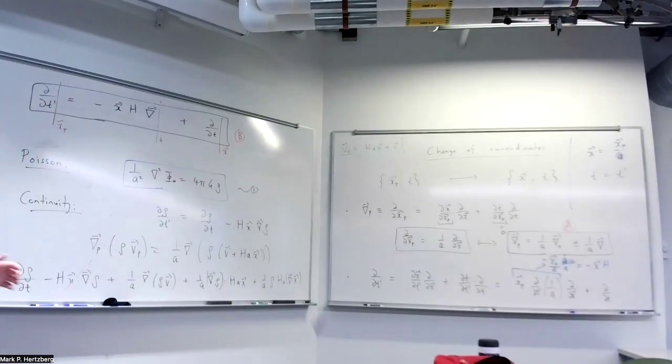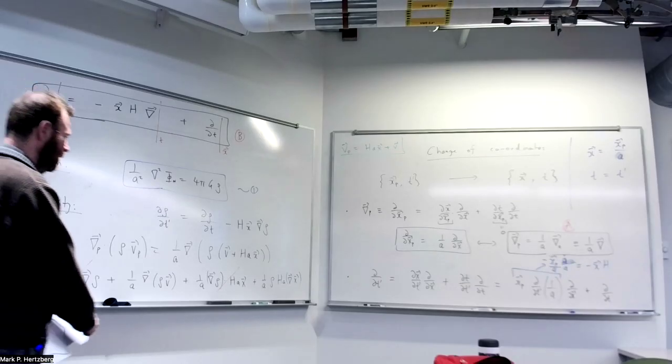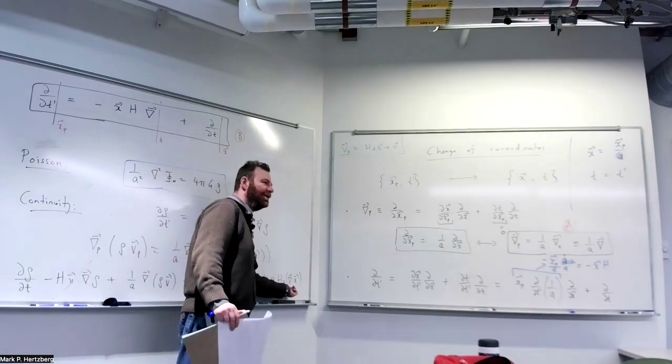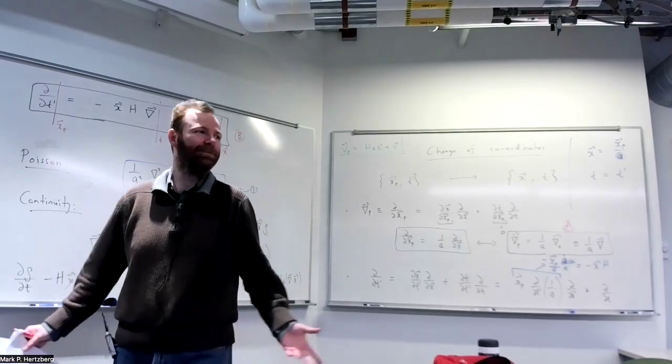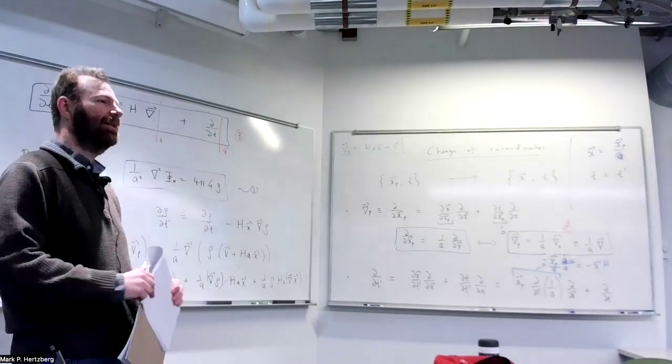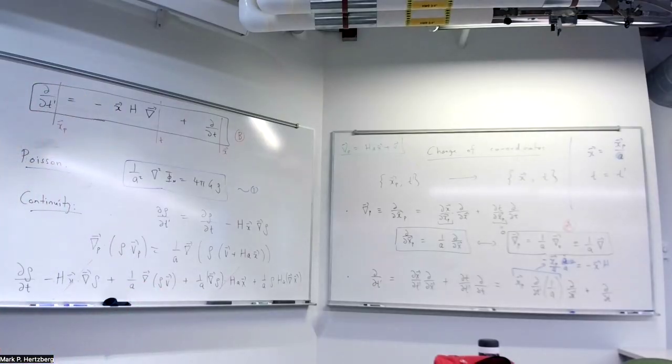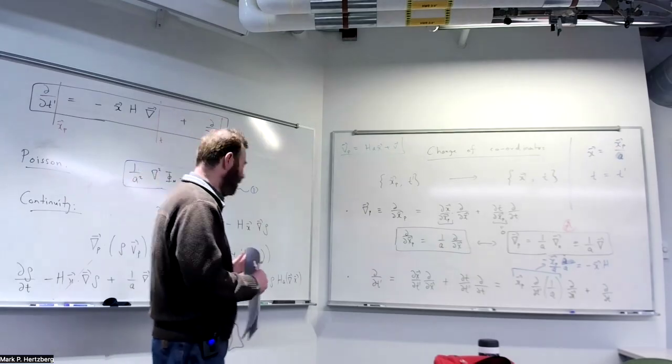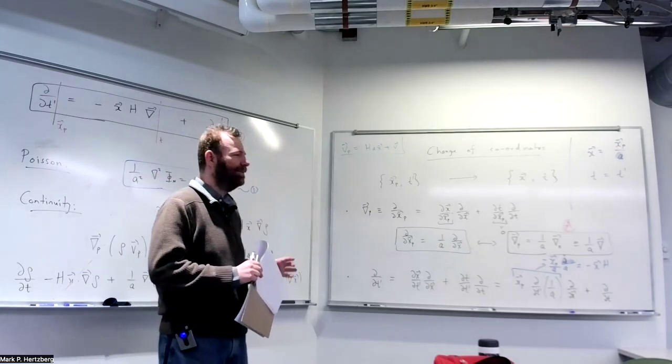What's div x? The divergence of x. Anyone know? Little math question. What's the divergence of the vector x? 1? It could be. In 1 dimension, that would be right. What if we're in 3 dimensions? Div x. 0?